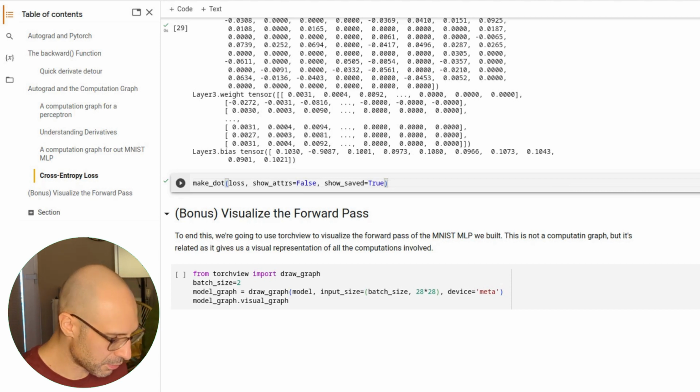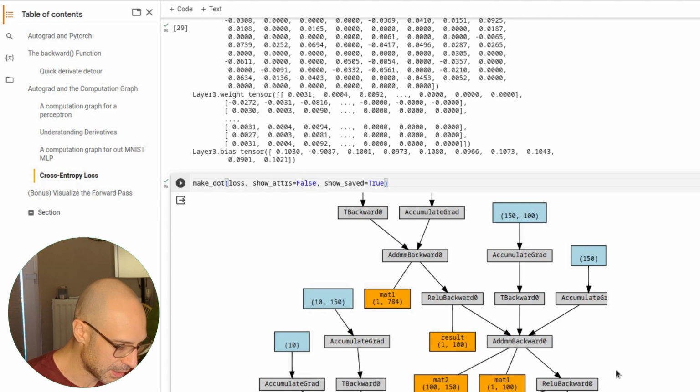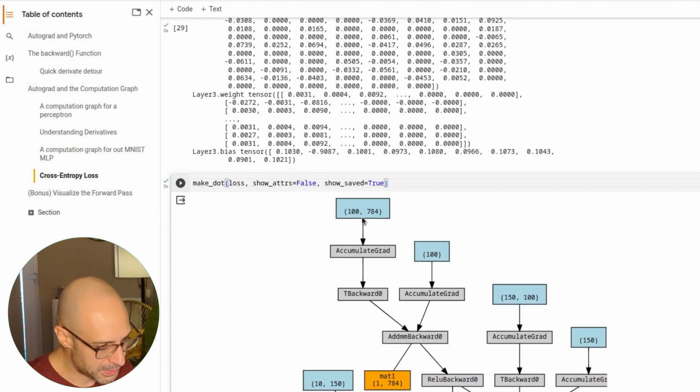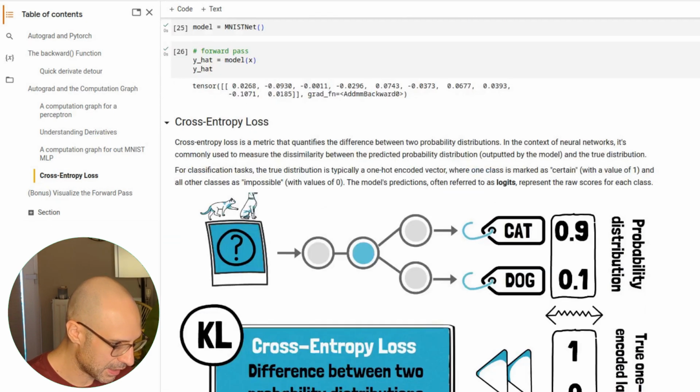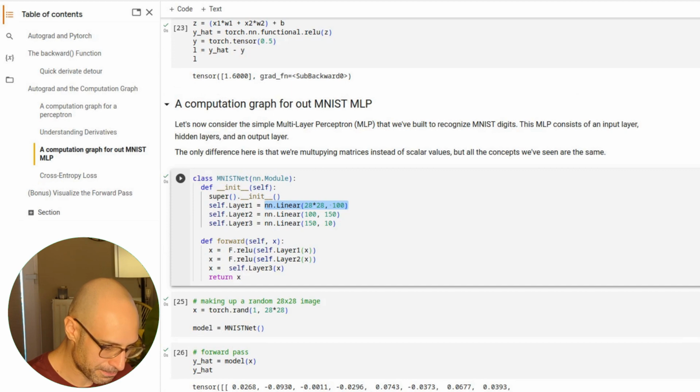So let's now take a look at the computation graph for this run of the perceptron. You will recognize a weight matrix for the first layer. You recognize the dimensions. This is the input dimension, and this is what the layer is going to output. Just to show you what this is, that would be the matrix for this particular layer.